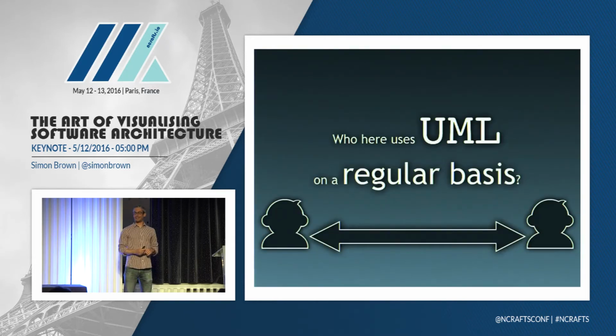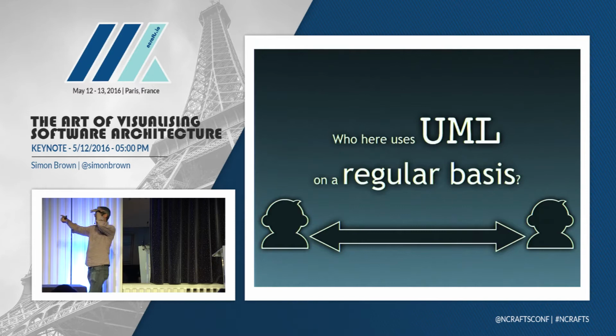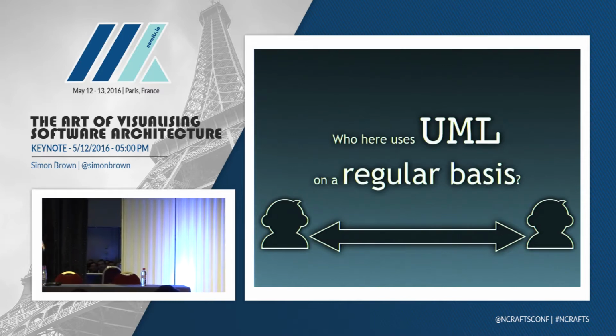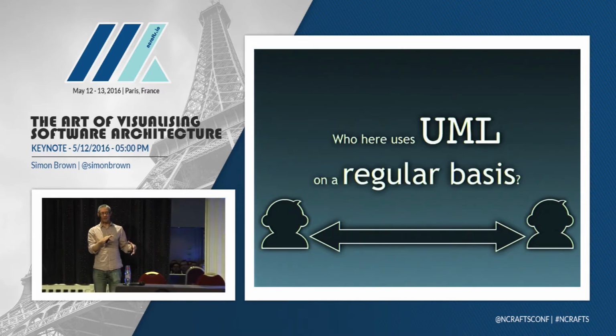Right. Let's risk something here. Show of hands, who uses UML on a regular basis as a part of their job? 0, 2, 3. What's everybody else doing? Writing code? Not doing diagrams, boxes and lines?